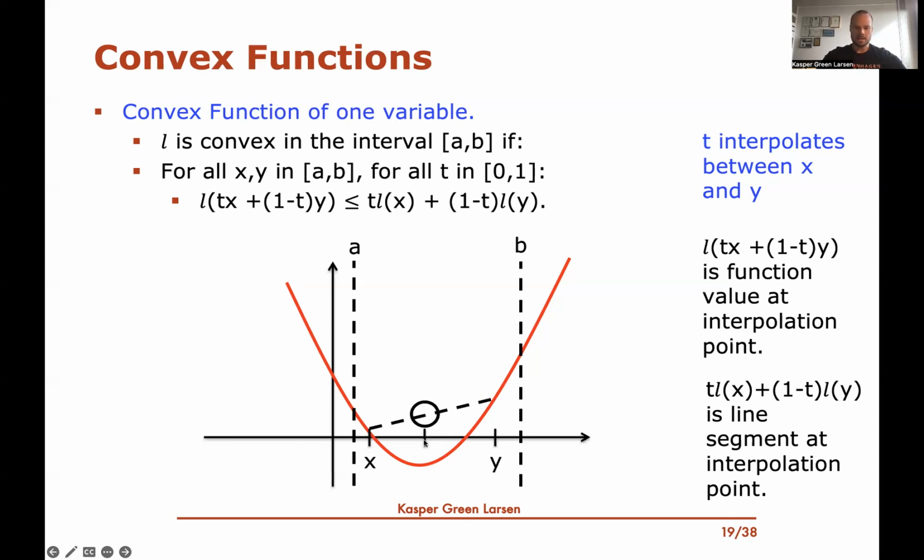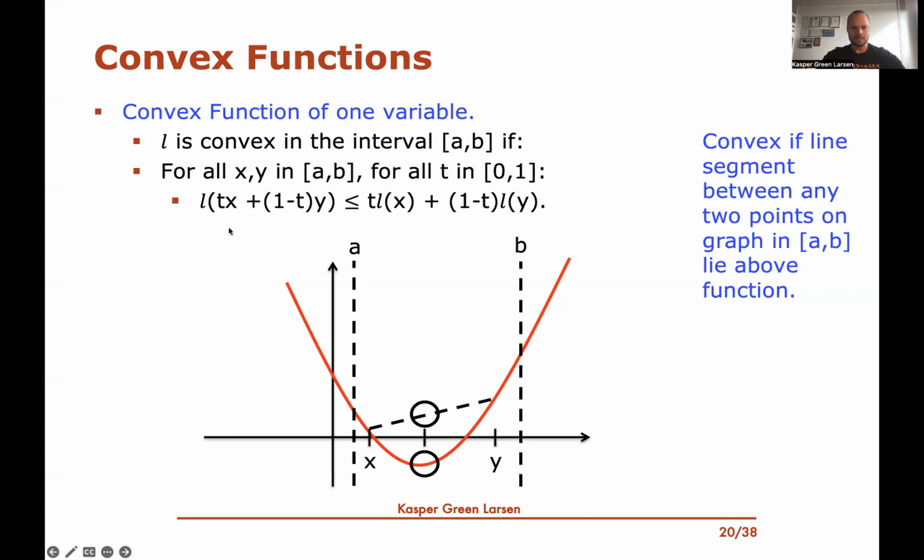If we evaluate here in the middle at t equals a half, we get midway between the two function values. This is exactly the same as the midpoint on the line segment that you draw between x and y. So the right-hand side is giving points on this line segment between the function evaluated at x and the function evaluated at y.